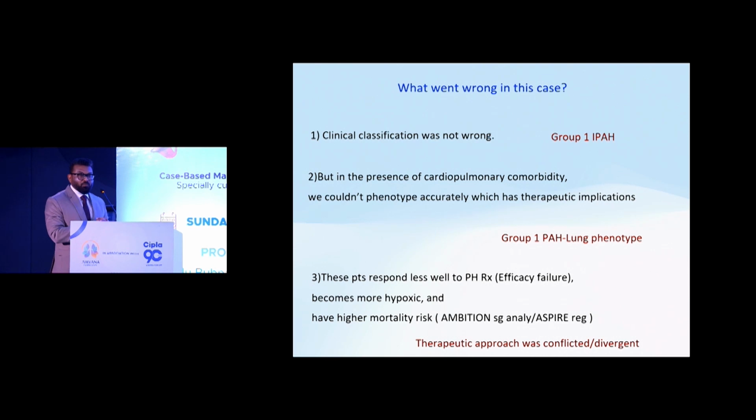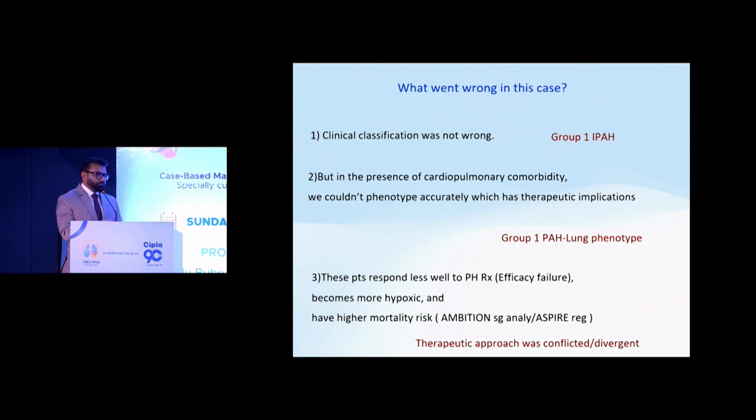So we do see this overlap phenomenon. This would have been a very good case to upfront, in addition to ERA and a PDE5 inhibitor, add inhaled iloprost. Inhaled iloprost does not or should not increase this. The reason this is happening, we have to understand why the O2 requirements increase.